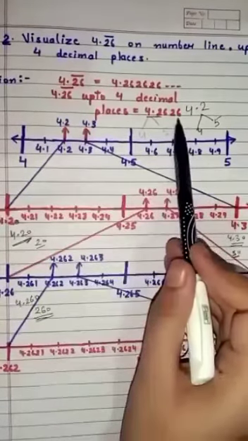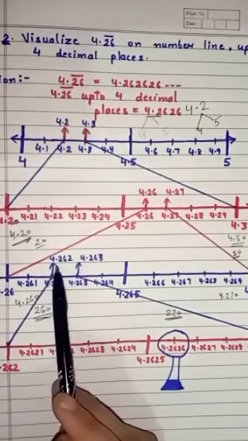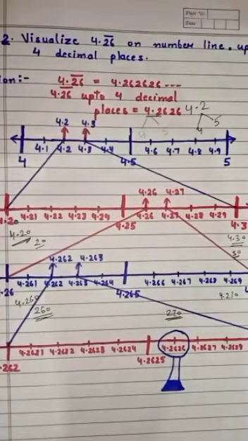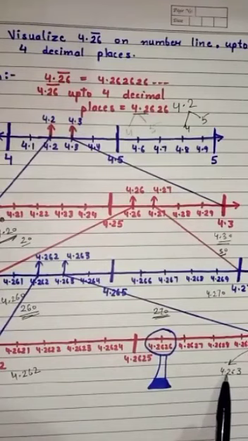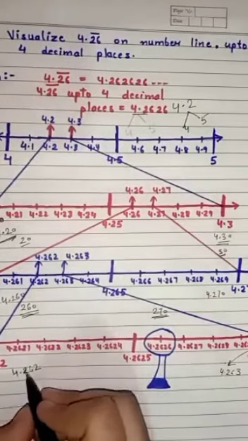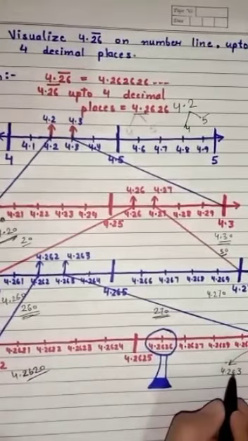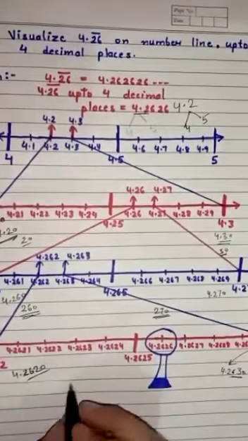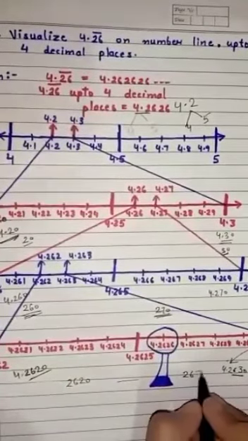Now one decimal place still remains, it means you have to mark the next point also. So 4.262 you take here, and that will be 4.263. You can write them as 2620 and 2630. It means now you are having 2620 and 2630.